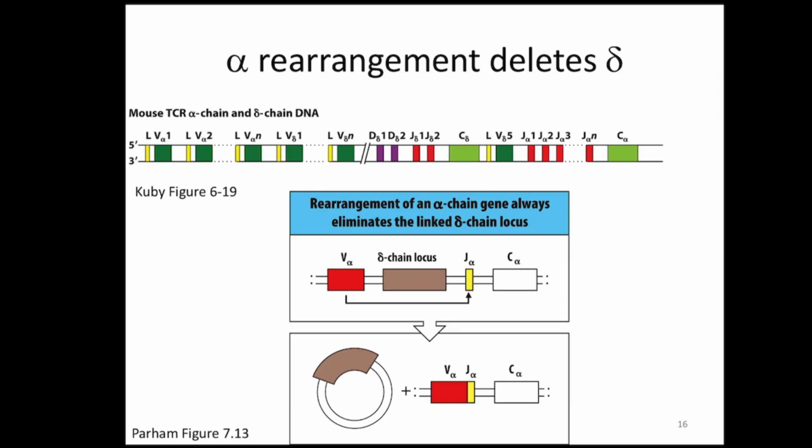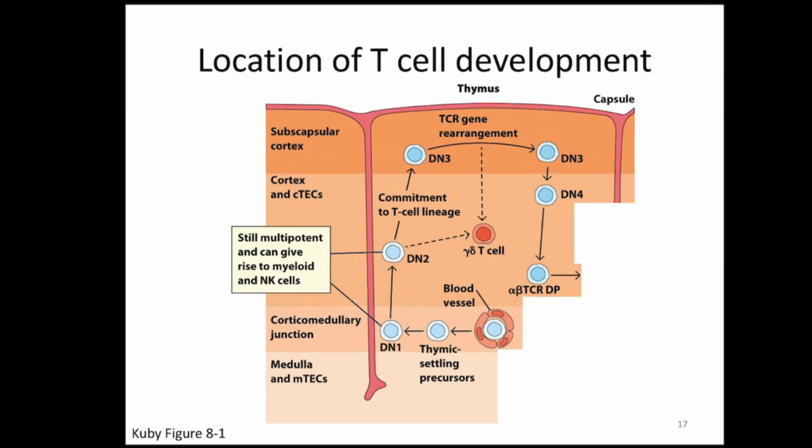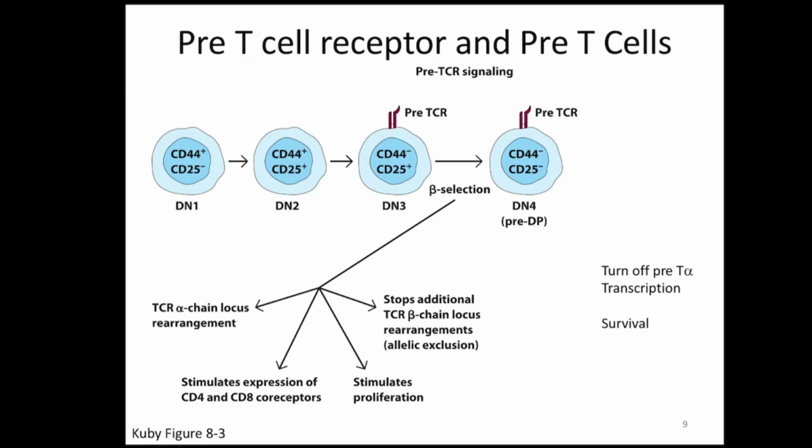Yeah. And so these are the events that are happening in our DN3, our DN4, and then eventually into our double positive. So again, remember that I showed you that when our cell that has a pre-T cell receptor gets that beta chain on its surface, it is a DN3.